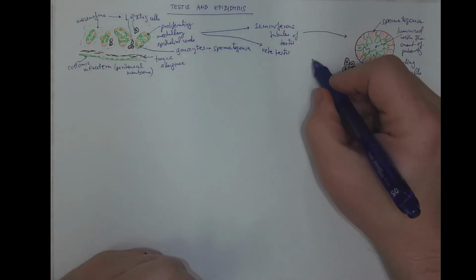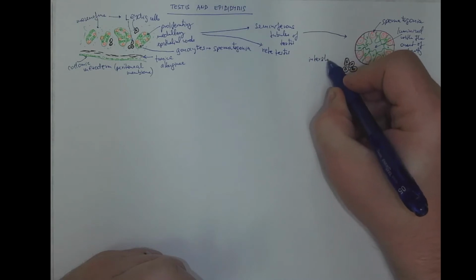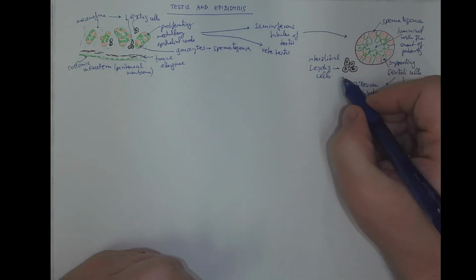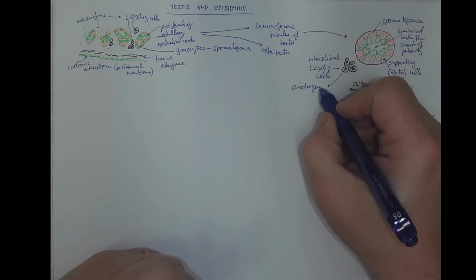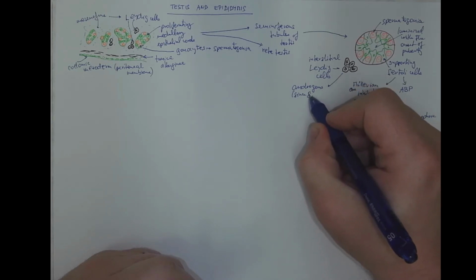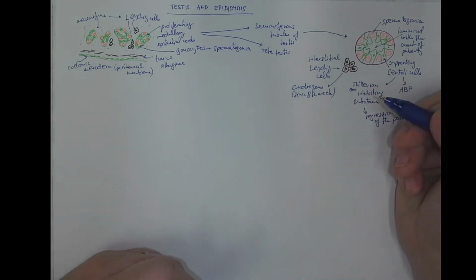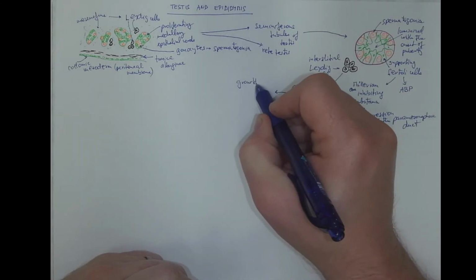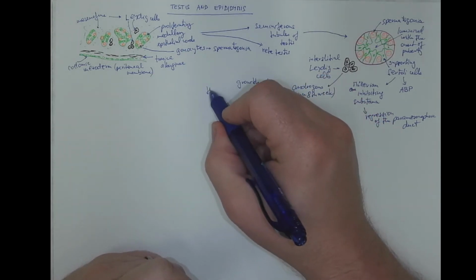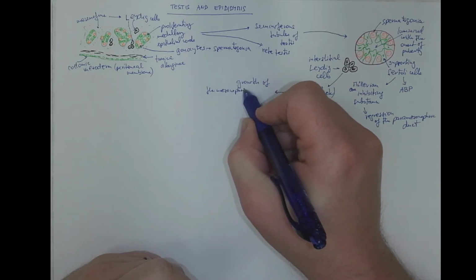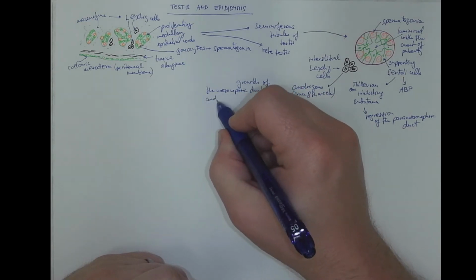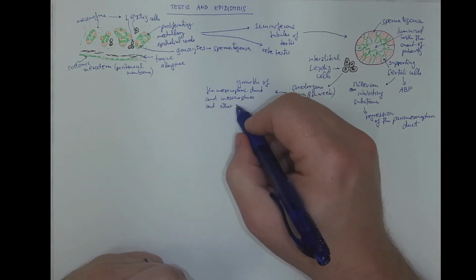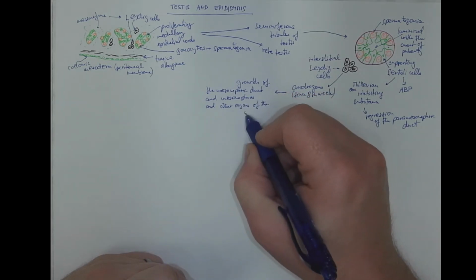We should also mention the Leydig cells. The interstitial Leydig cells that are producing androgens since the 8th week, and these androgens will contribute to the growth of the mesonephric duct, and the mesonephros, and other organs of the male phenotype.